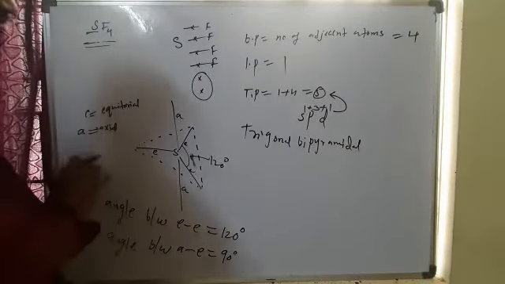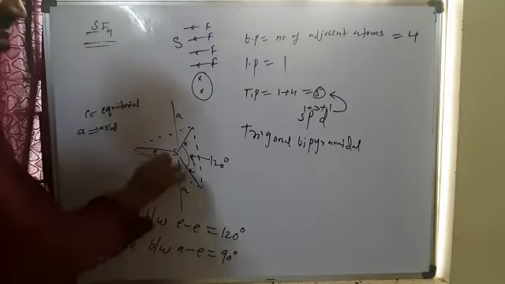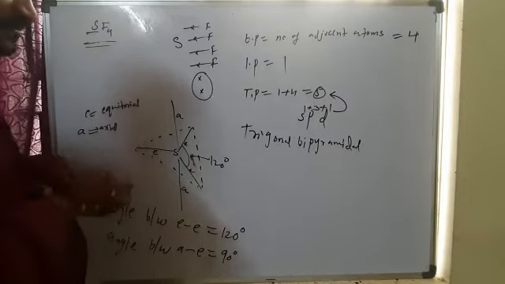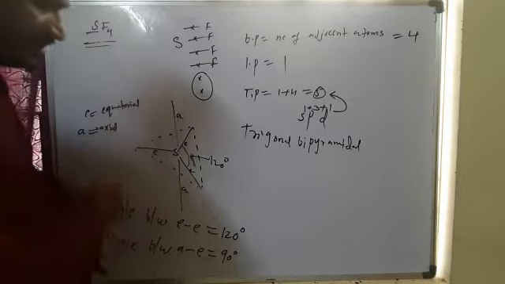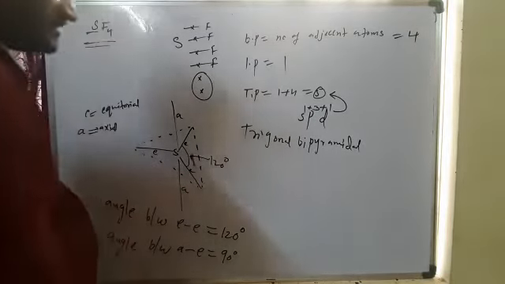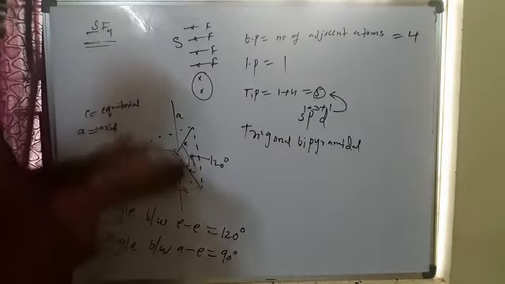If you keep a lone pair at the equatorial position, there is less repulsion, because the bond angle between equatorial positions is 120 degrees, which is a larger angle.